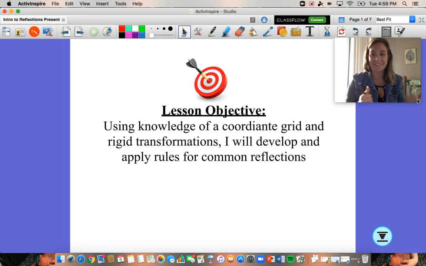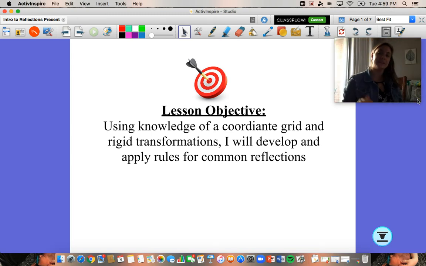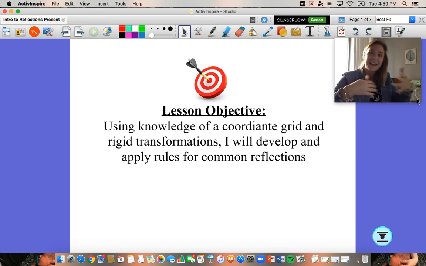So, in our last lesson together, we introduced rigid transformations and we started looking at translations, which you hopefully followed up with in class and got a chance to ask questions and for clarification.